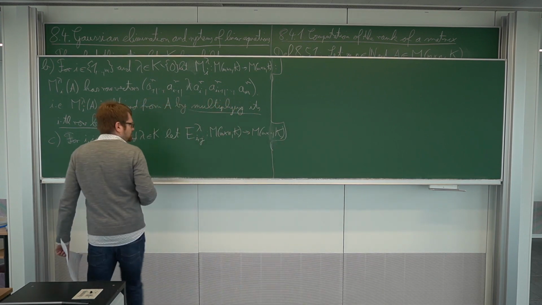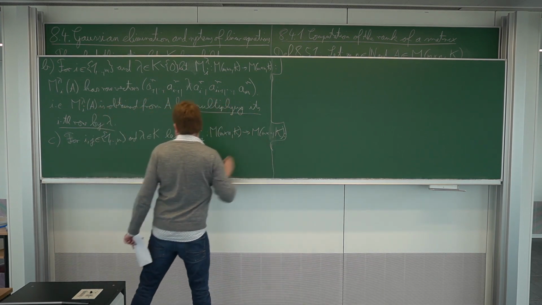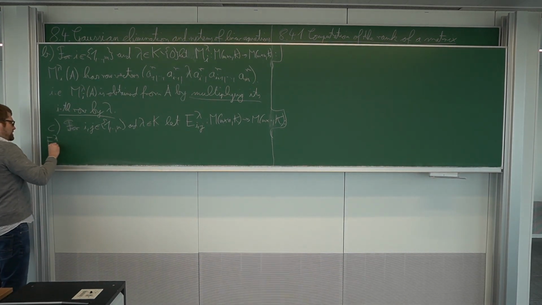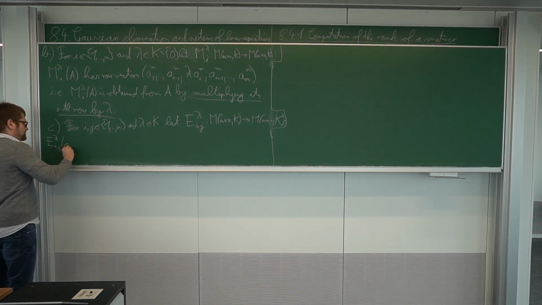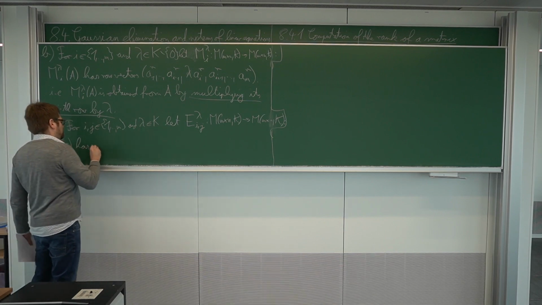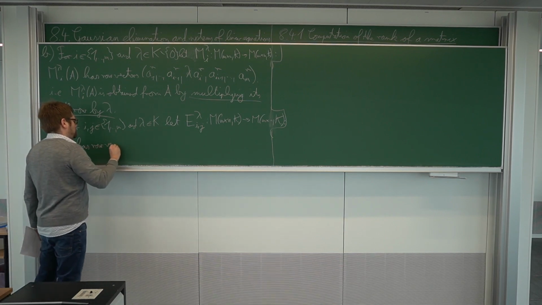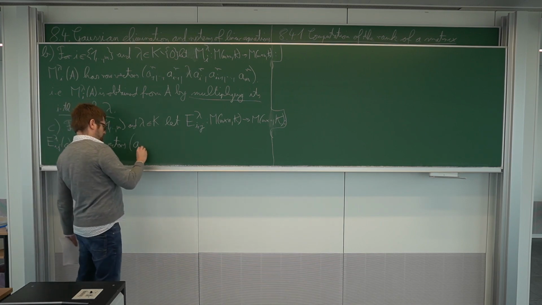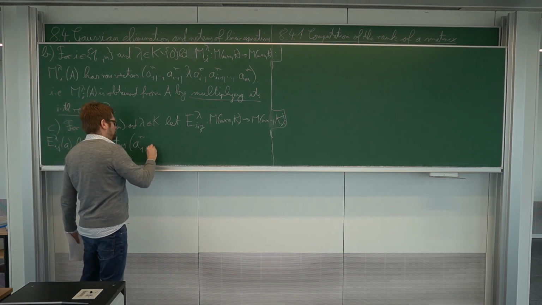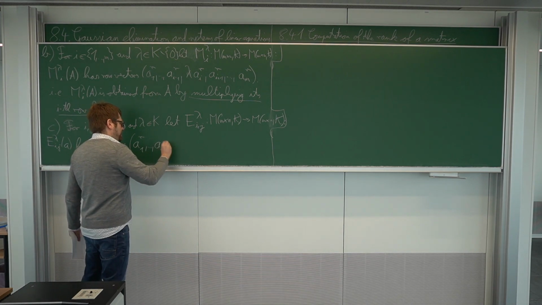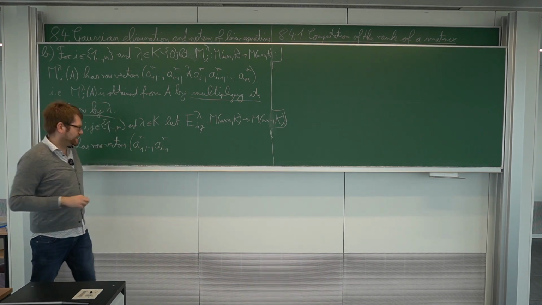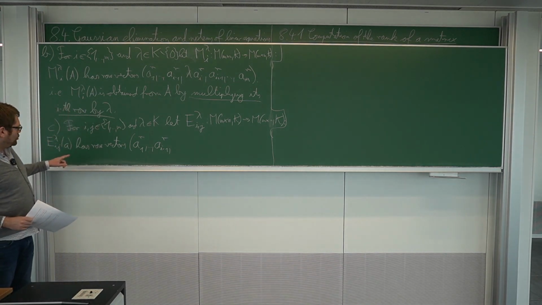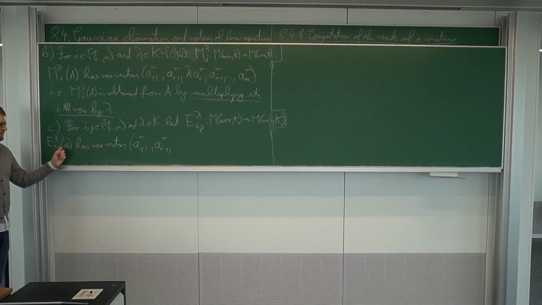So how is this defined? E lambda i j of A, what are these row vectors? The idea is that we leave the first i minus 1 rows unchanged, and now take the ith row, and to the ith row we add the lambda-fold multiple of the jth row.